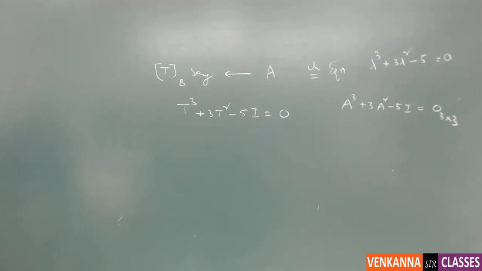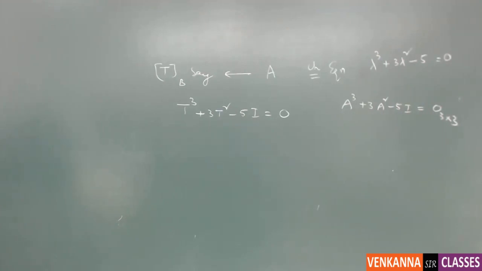Actually, T is a function. Apart from applying the function, you will get the same result if you assign a matrix for T with the help of a basis. Fine? In other words, you are representing the function in the form of a matrix. That is nothing but the matrix of the transformation.